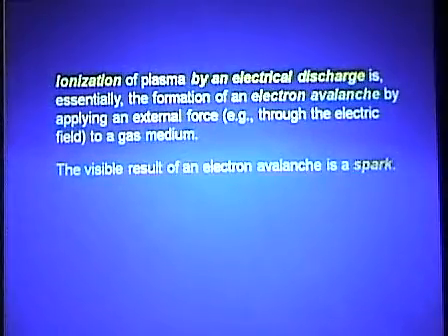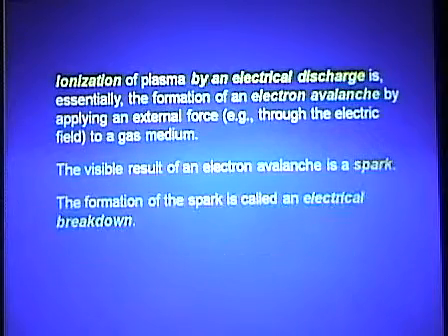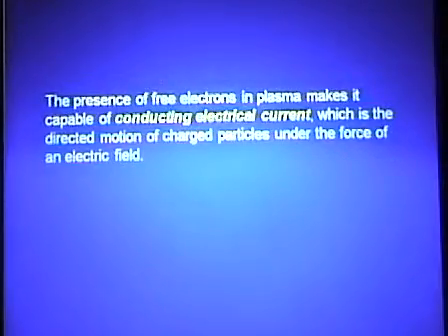The visible result of such avalanche is a spark, and the formation of a spark is called electrical breakdown. Just remember this term, electrical breakdown, because we will use it later on in the presentation.